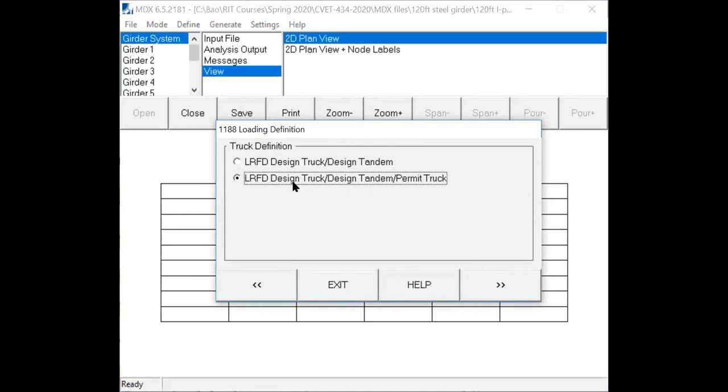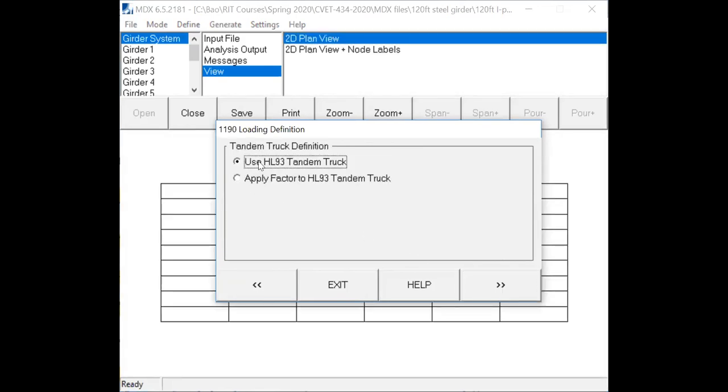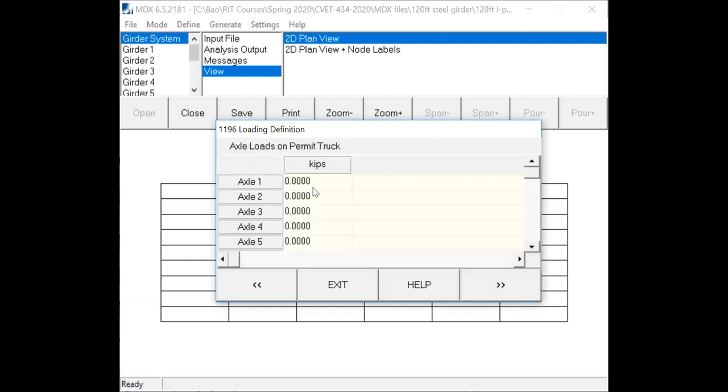And truck definition, we have the HL93 design truck, tandem, and permit truck. Okay, so we have HL93 as well as the New York DOT permit vehicle. And the tandem truck, we use HL93 tandem truck. And then the permit truck, we have New York DOT permit truck, 11 axles. And axle spacing, axle load, we have 10.